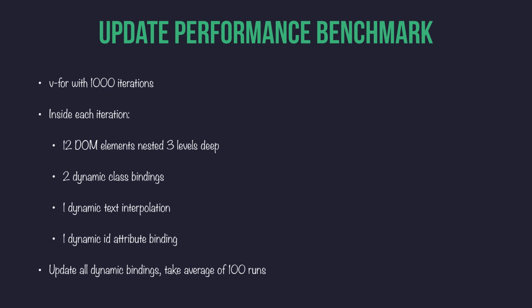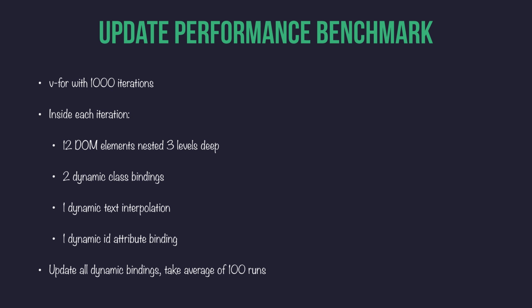So the Vue team did a bunch. I saw Evan show off a spreadsheet with a bunch of numbers in it in one of his presentations, but they basically took a v-for with 1,000 iterations, and inside each iteration, they had a bunch of elements with dynamic class bindings, text interpolation, a whole bunch of things going on inside of there.